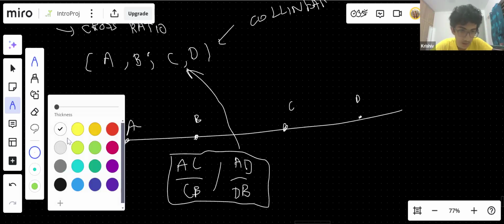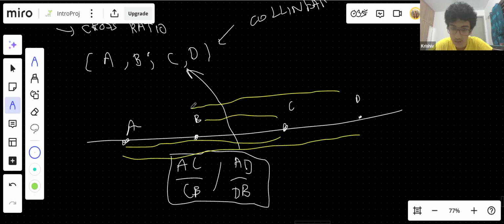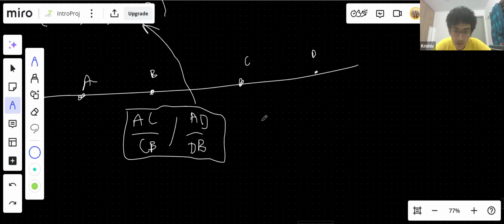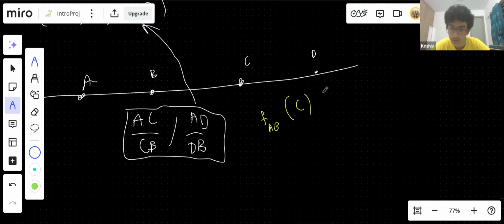You'll visualize it like this: AC over CB divided by AD over DB. Can anyone phrase this in terms of f of AB, from the ratio lemma, if you still remember that? In terms of f of AB, what is this? F of C over f of D. Yeah, this is f of C over f of D.